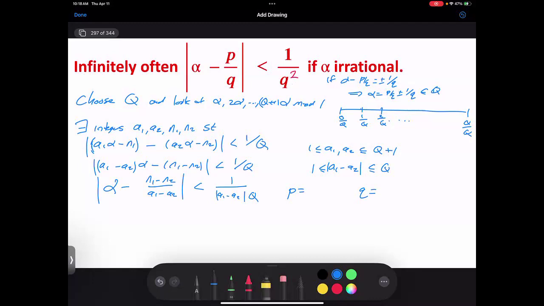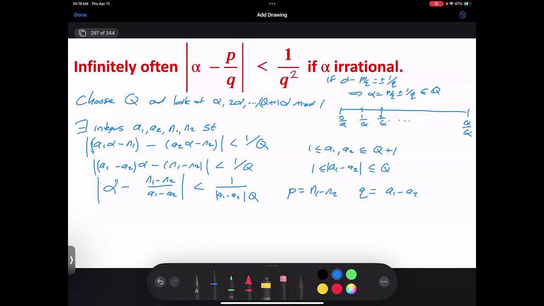What should I take for my numerator? What should I take for my denominator? So let's take P to be n1 minus n2, Q to be a1 minus a2.